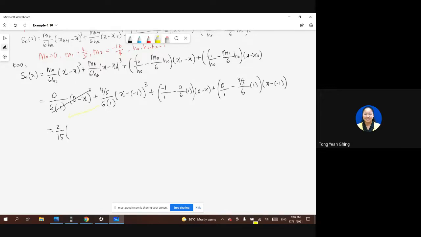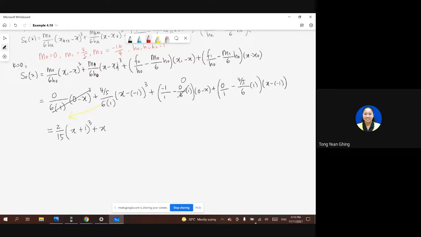So here and here. Okay. So here X plus this 1, power of 3. And then plus this one, 1 minus this one becomes 0. Then this one is negative 1 times negative X, so becomes X. Okay.